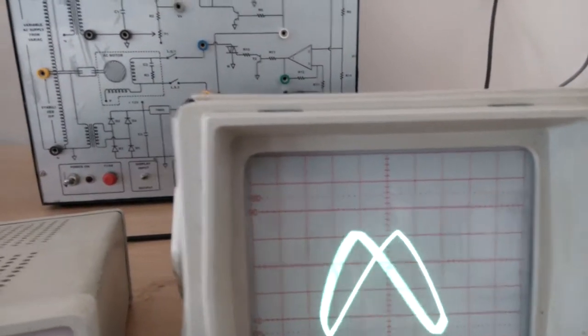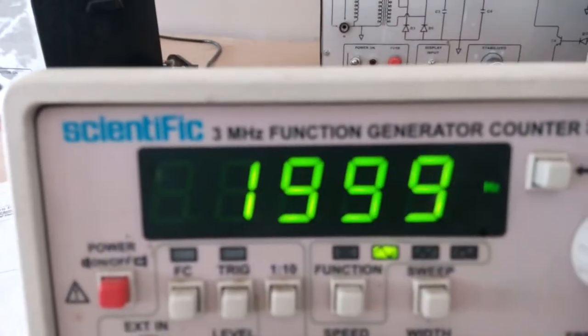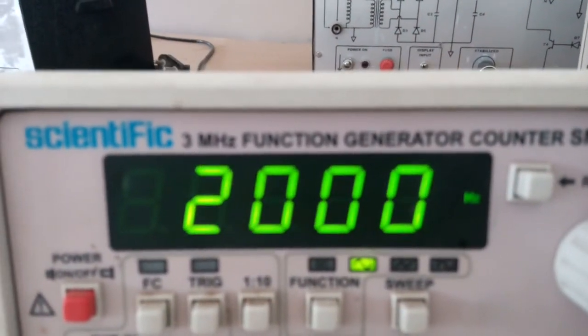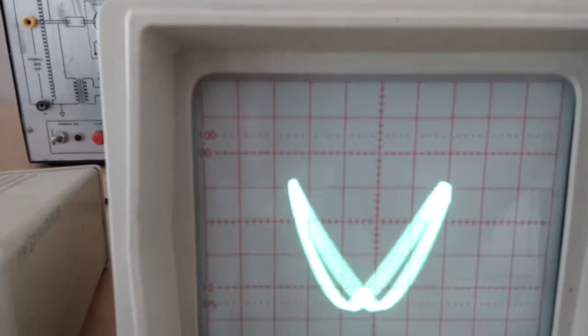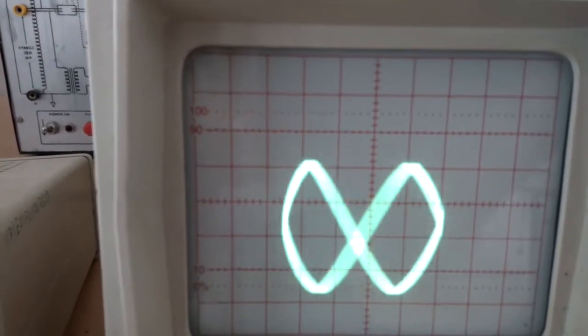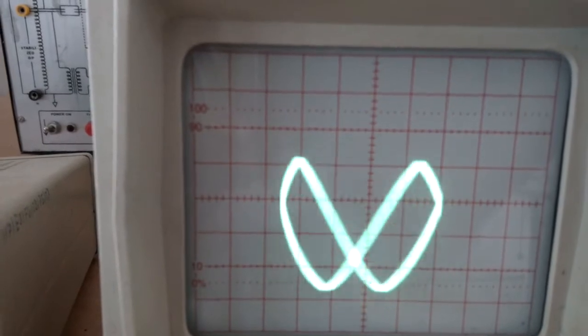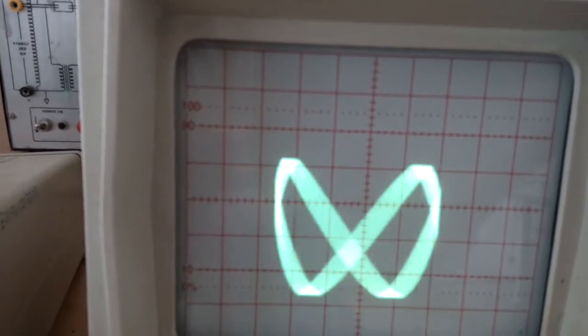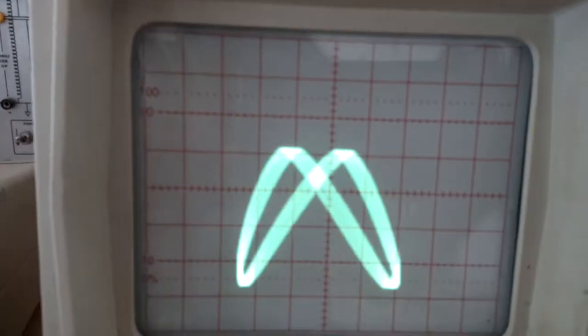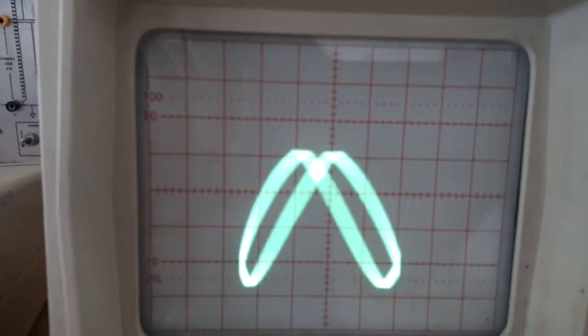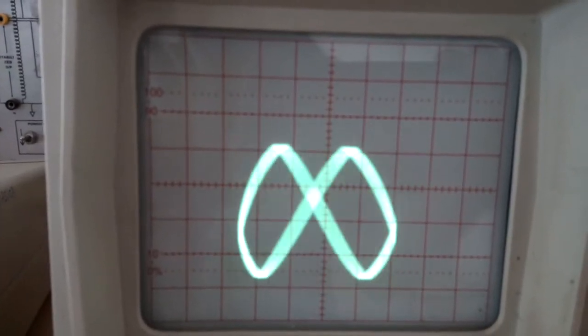The unknown frequency value we can see here on this signal generator is 2000 hertz. So in this way we have again seen the frequency measurement for the second pattern, where we obtained the Lissajous pattern with 2 horizontal loops and 1 vertical loop.